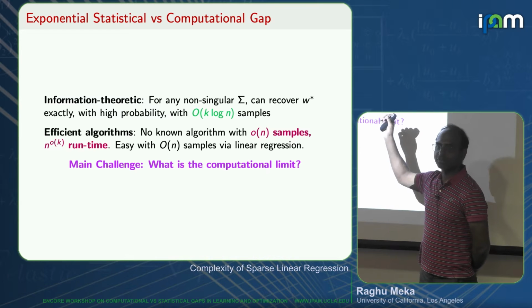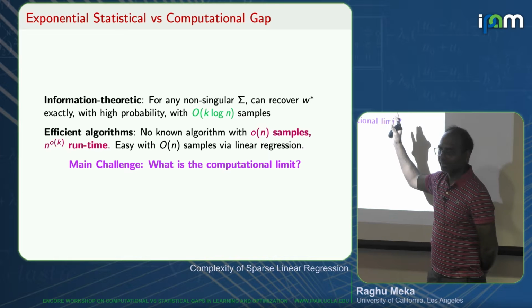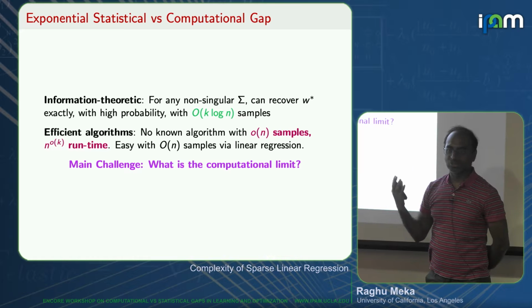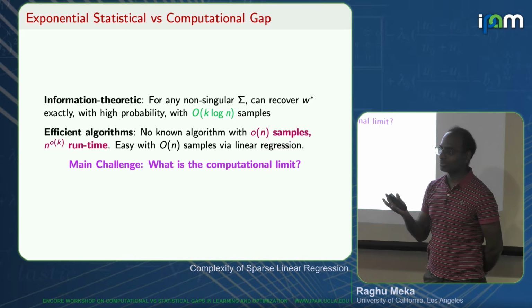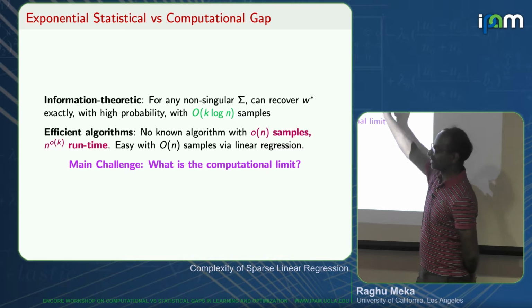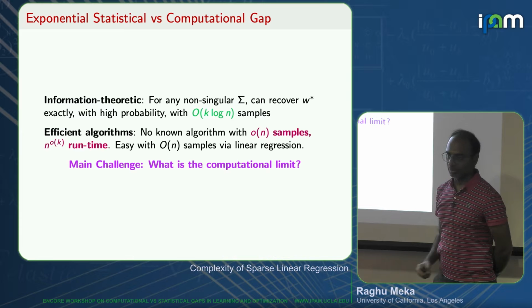And n to the little o of k runtime. I can always solve it in n to the k runtime by basically enumerating over all possible k non-zero coordinates, right? I enumerate all possible sparse subsets. That gives me n to the k runtime. And for each one I just do k log n.